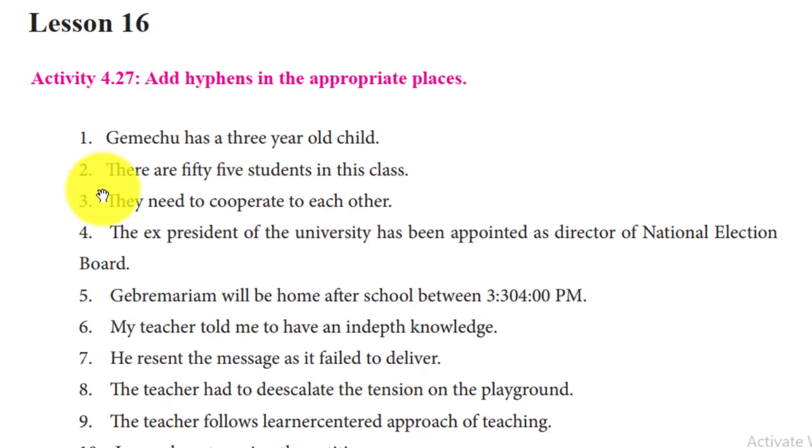3-year-old child. Number 2: there are 55 students in this class. Earlier we said numbers from 21 up to 99 take a hyphen, so fifty-five. Number 3: they need to cooperate with each other.